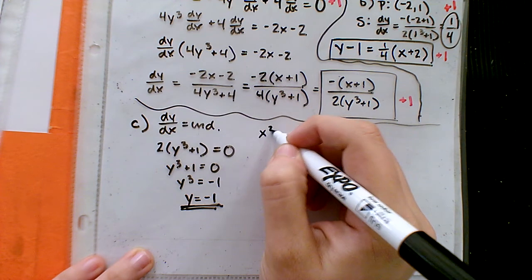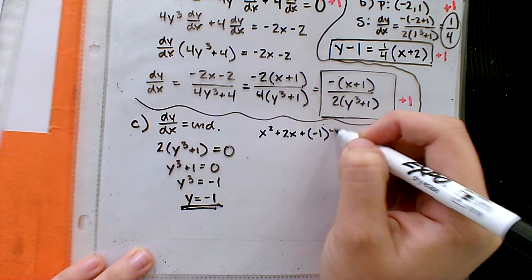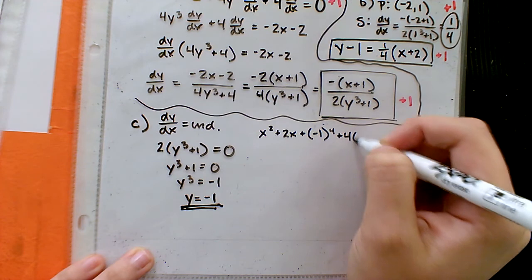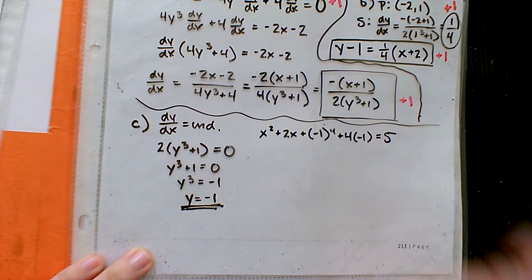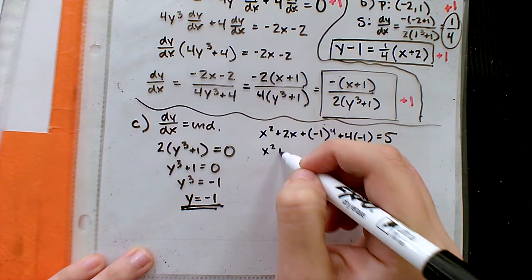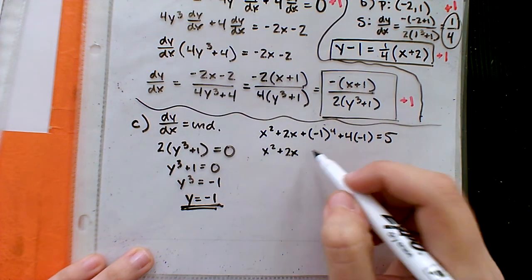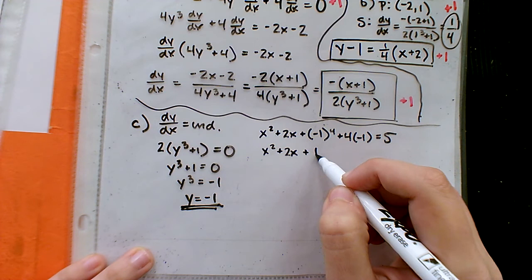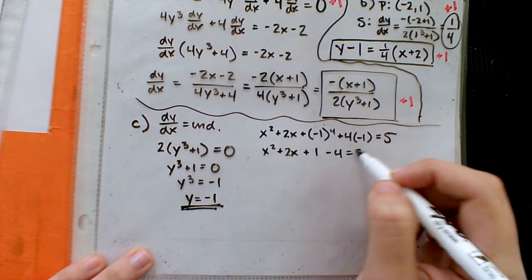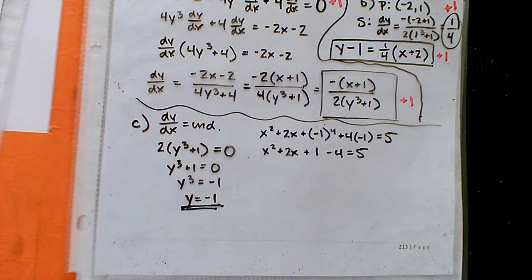So we'll take x squared plus 2x, and then for every y, we'll plug in a -1. So x squared plus 2x plus 1 minus 4 equals 5. Where do you want to go from there?